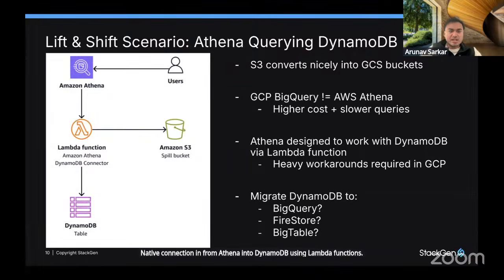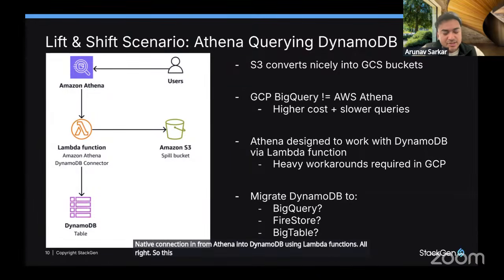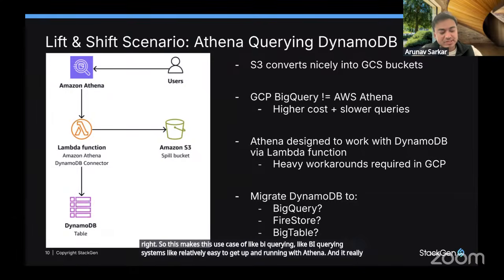All right, so this makes the use case of BI querying relatively easy to get up and running with Athena, and it really stops you from having to set up complex ETL pipelines or data replication jobs to get that same job done.